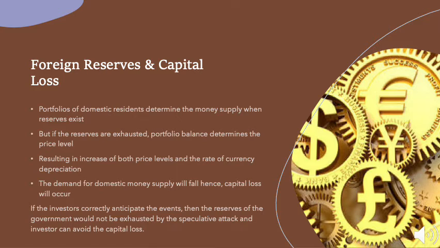And the second reason may be that if the government is running a deficit budget, then the nominal money supply would be rising in the country and the prices will rise. So when the government is out of reserves, then the pegging ends, meaning the fixed exchange rate ends, and the exchange rate is allowed to float, and there would be huge capital losses to the investors.